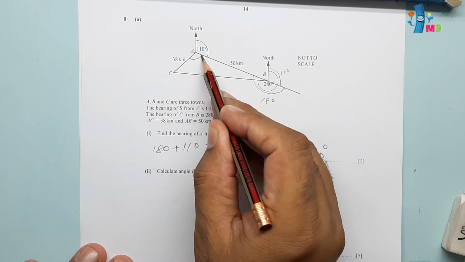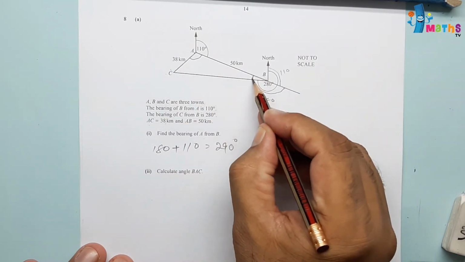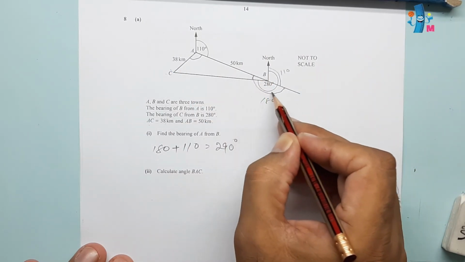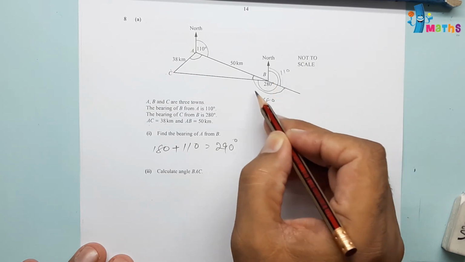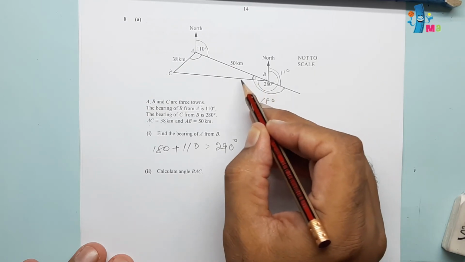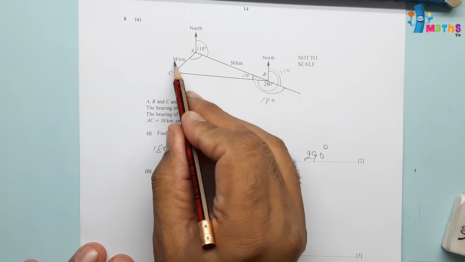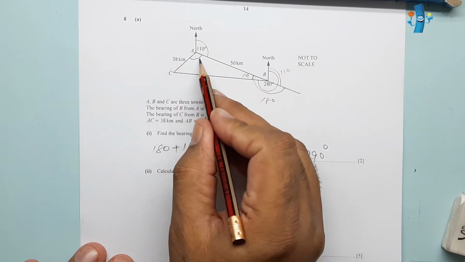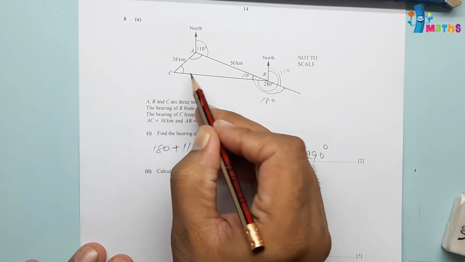So to calculate this angle, we can apply the sine formula. This length we know, this is 180 and this is 110. So 290 minus 280, this angle will be 10. So this angle is 10. Now we can use this angle and this length and find this angle by the sine rule.